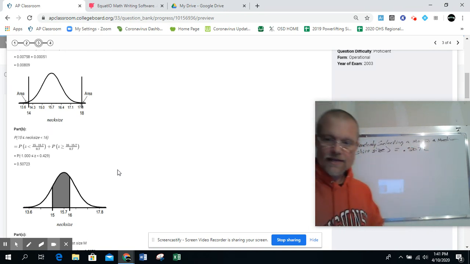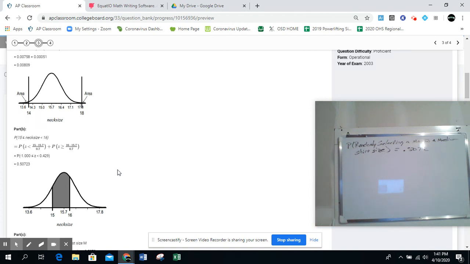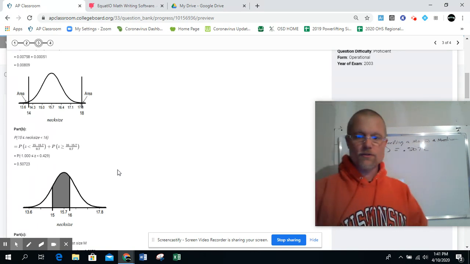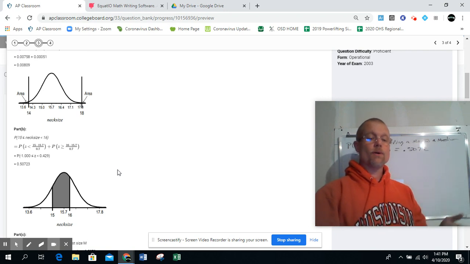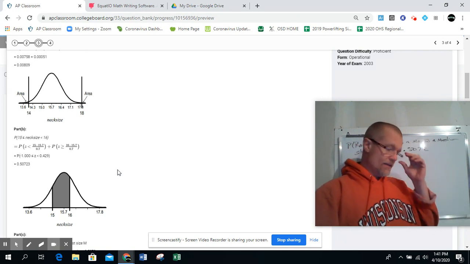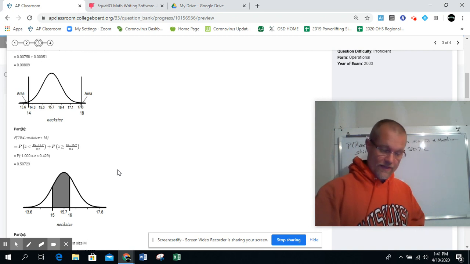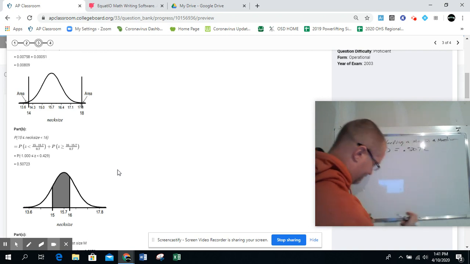Now we have to say, well, what's the probability if you grabbed a sample of 12 men, that exactly 4 of them need a medium?